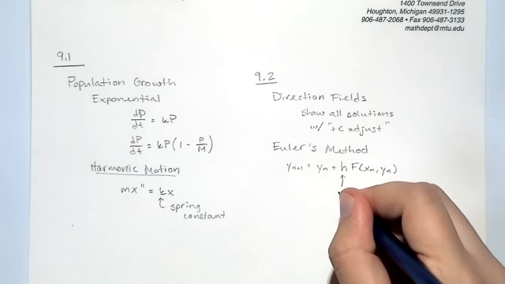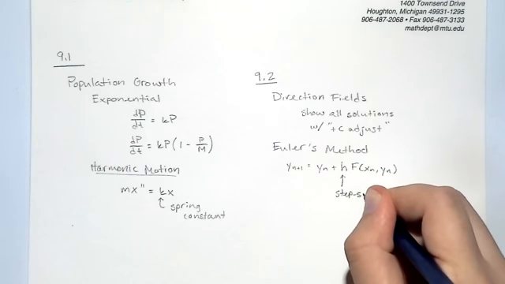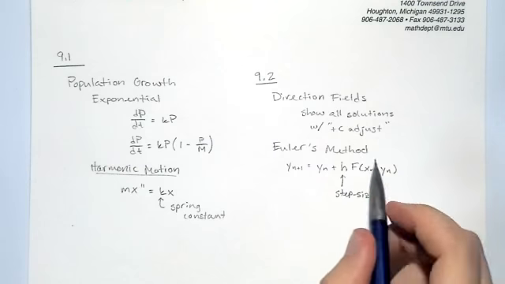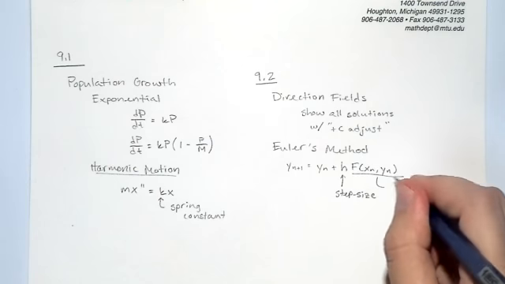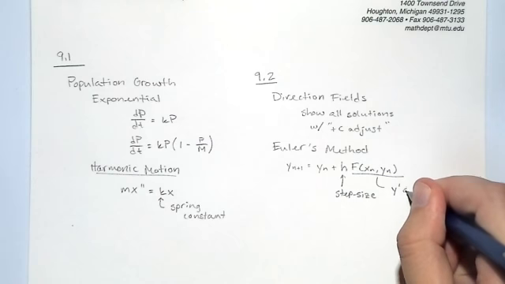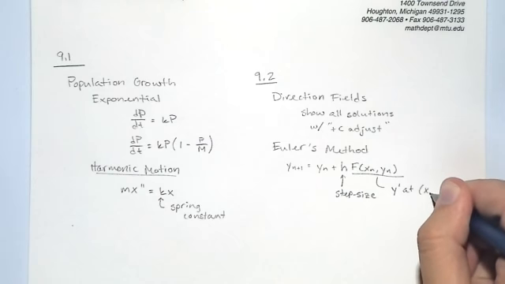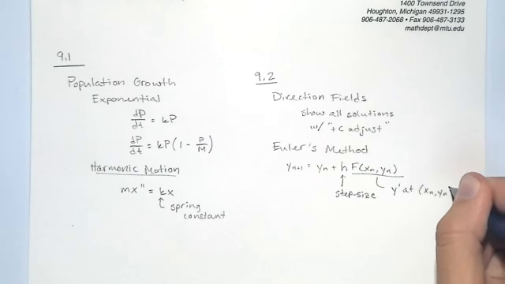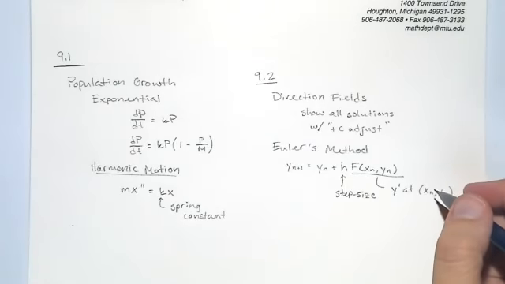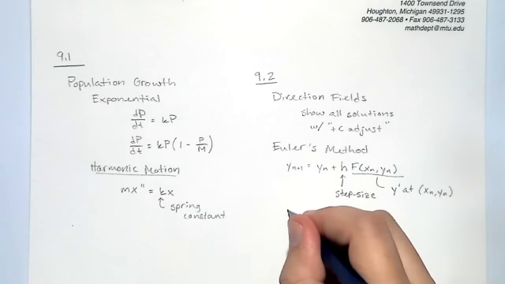Where h is our step size, and f is our y prime at the point x sub n, y sub n. So there's that there.